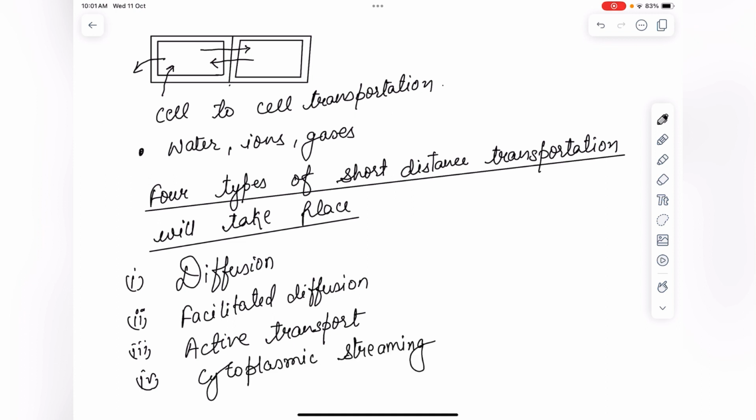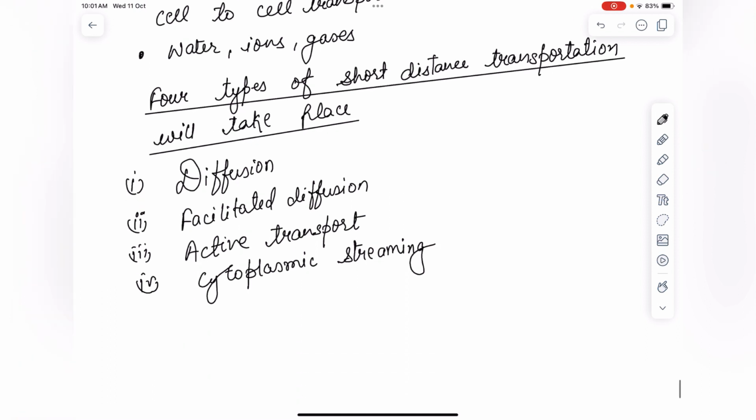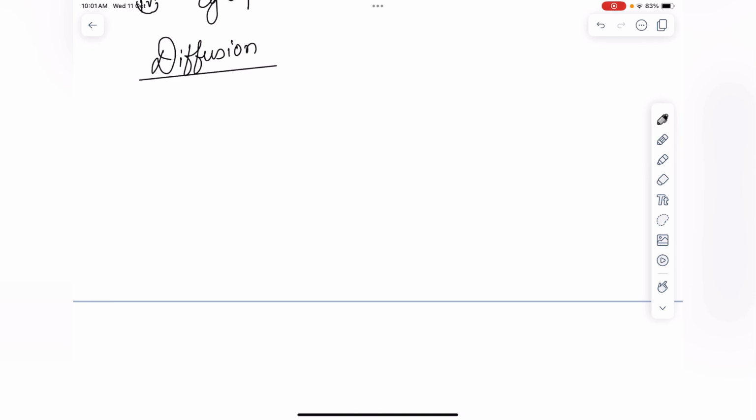I'll discuss all the types of transportation one by one. First I'll start with diffusion. Why are we studying diffusion, facilitated diffusion and active transport? We are studying this because cell to cell transportation takes place.